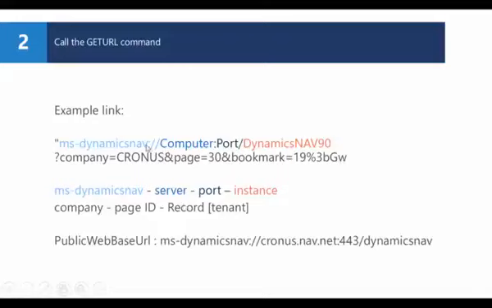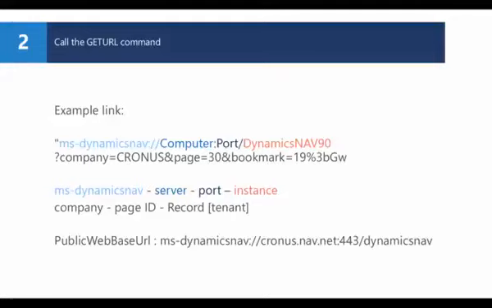The fact that the link begins with ms-dynamicsnav means that it will require the NAV app to be installed on the machine or on the device we are running on. So it will then open the NAV app, and then the app will handle the link depending on whichever device it's running on.